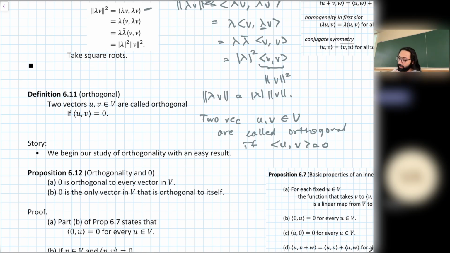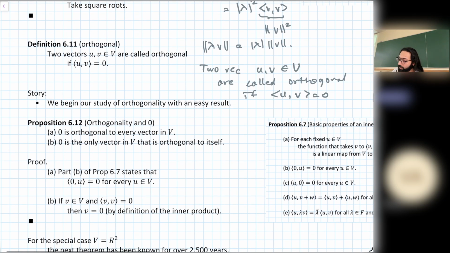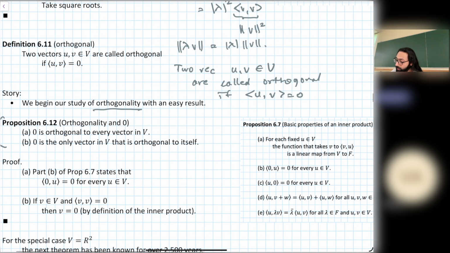All right. So to start with, we look at a simple result here. The result we look at is orthogonality and the zero vector. It says that the zero vector is orthogonal to all vectors in V. So first statement.